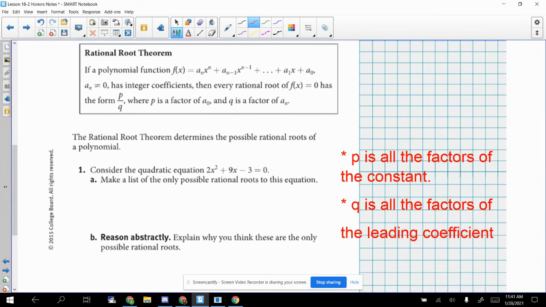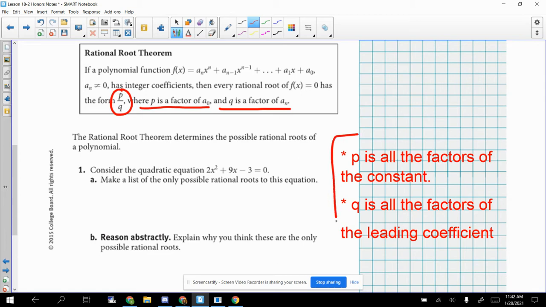Okay, so you basically need at least 3 of those tools, or all 4 of them if you want, to find these roots. So let's start with rational root theorem. Basically what this says here is if a polynomial function f of x has integer coefficients, then every rational root of f of x equals 0 has the form p over q, where p is a factor of the constant and q is a factor of the leading coefficient.